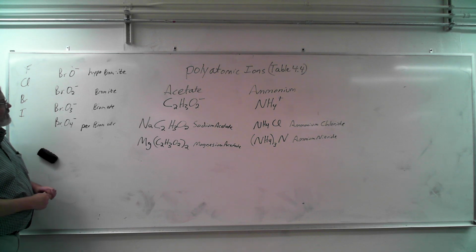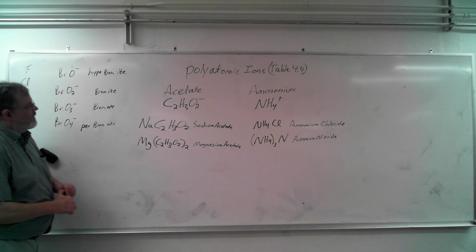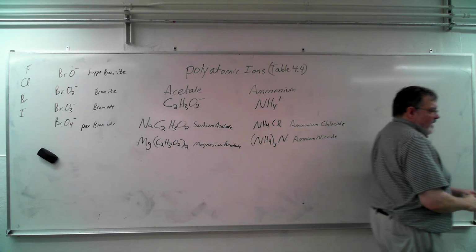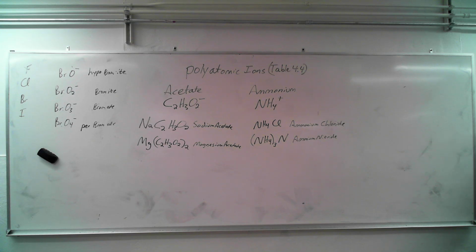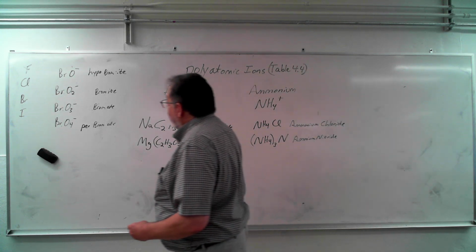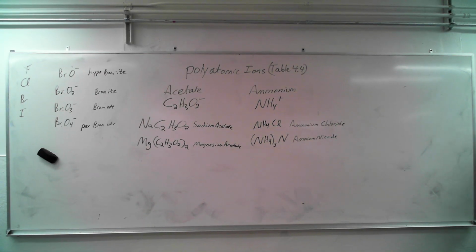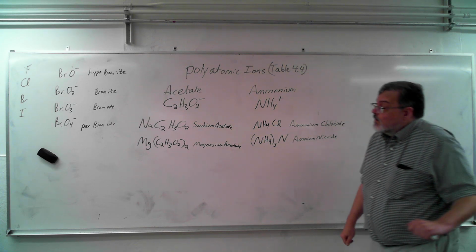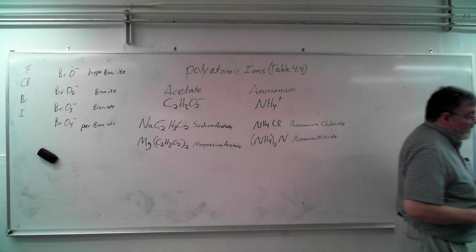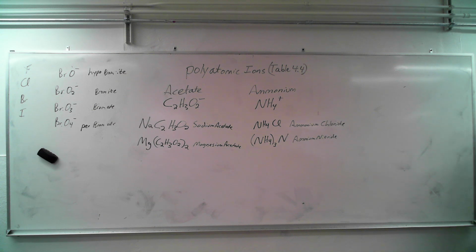Perbromate? Why do I keep thinking this is wrong? Perchlorite. I did it right. Is that what that says? Hypochlorite, chlorite, chlorate, perchlorate. I don't know why I keep thinking it's wrong. But they're explaining that here about halides.